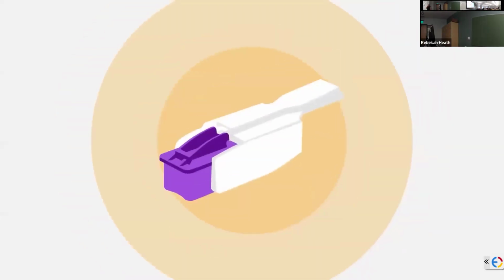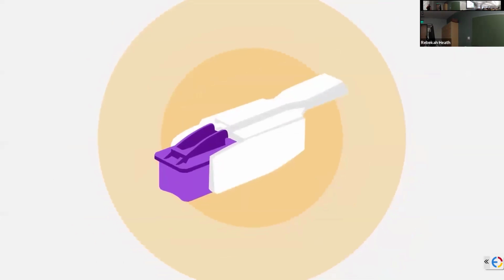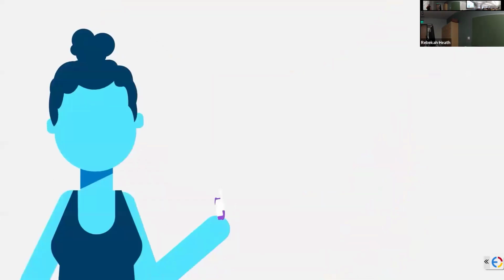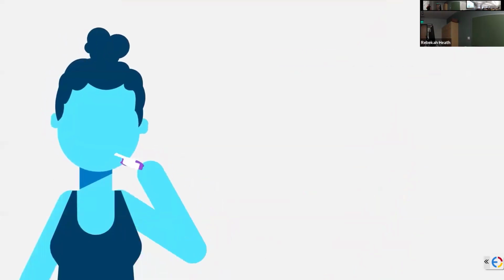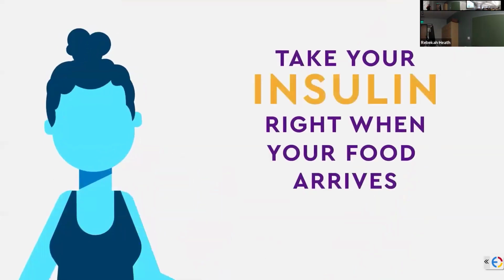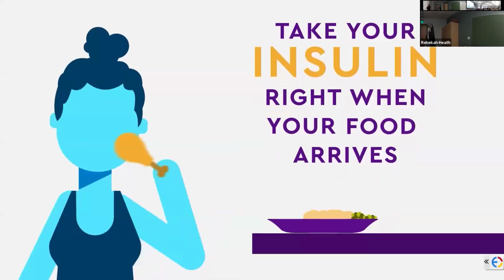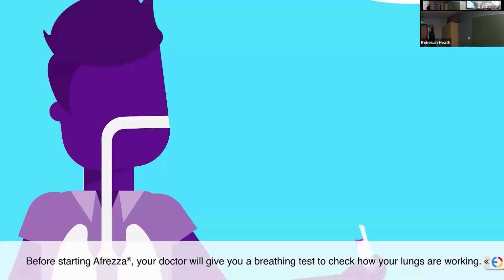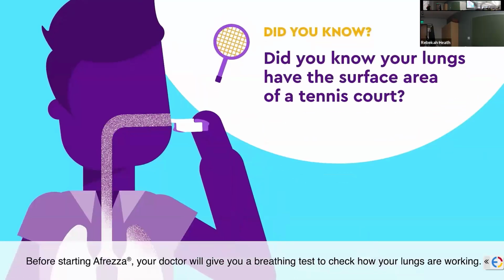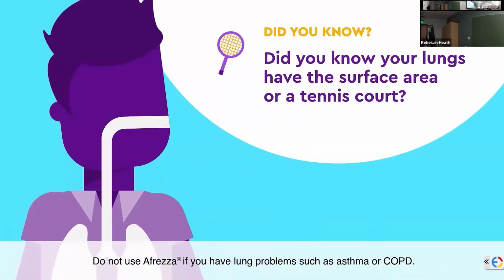But Afrezza is designed to work differently. How? Well, Afrezza is delivered by inhaling a dry powder insulin using an oral inhaler and allows you to take your insulin right when food arrives without the need for injection at mealtime. Because Afrezza is inhaled, insulin enters through the large surface area of the lung, which allows for ultra-rapid absorption.